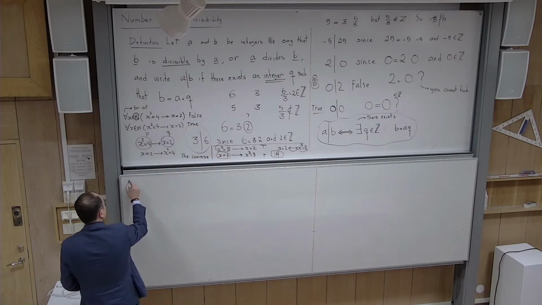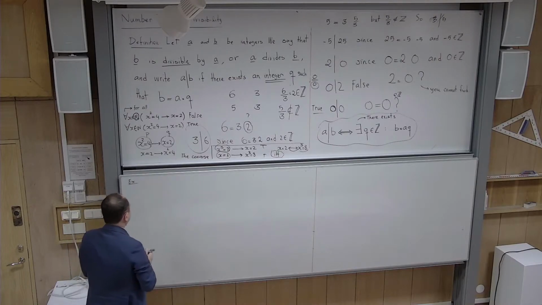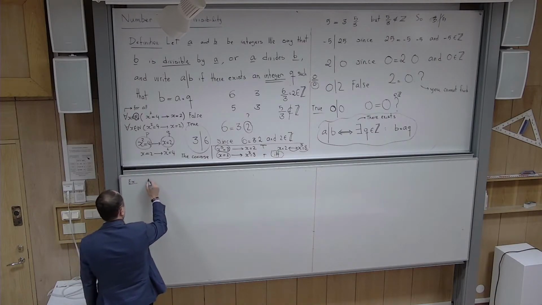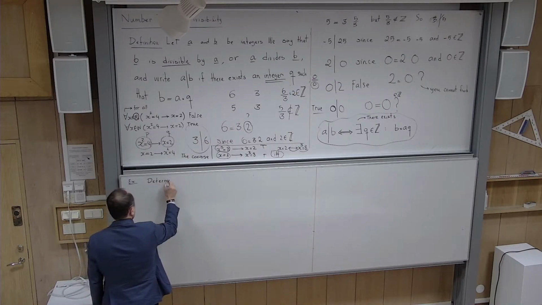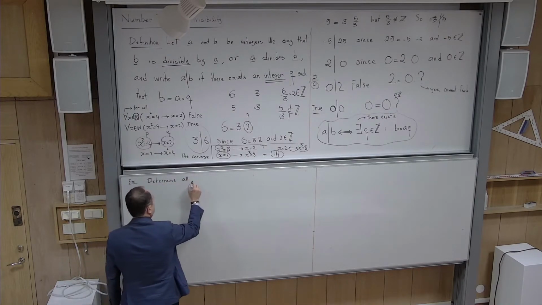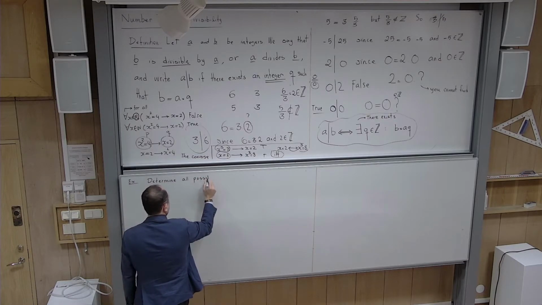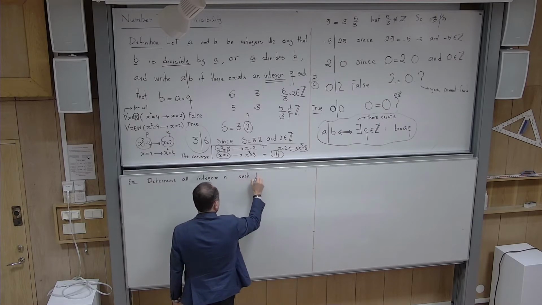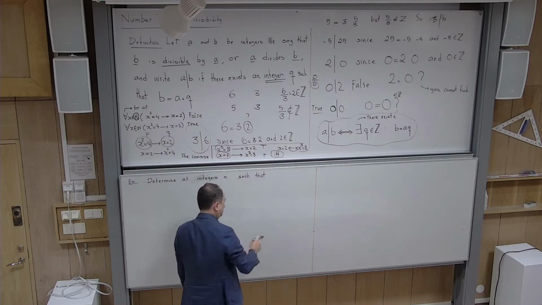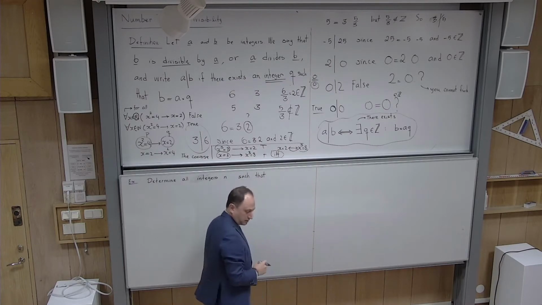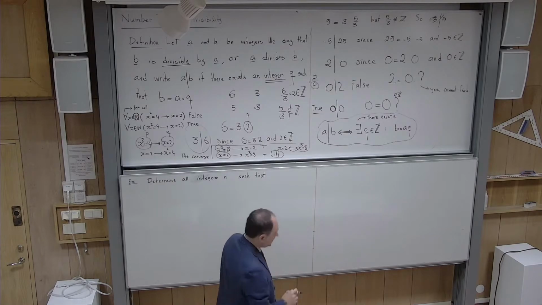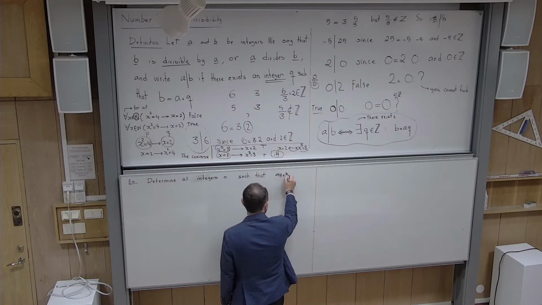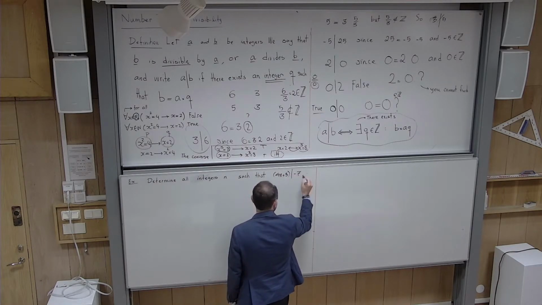Okay, so example: determine all integers n such that 4n plus 3 divides minus 7.